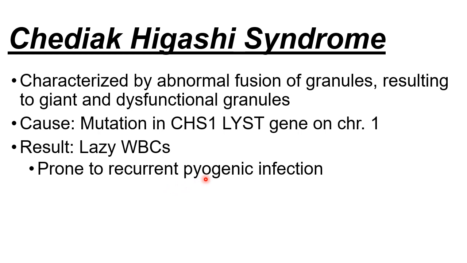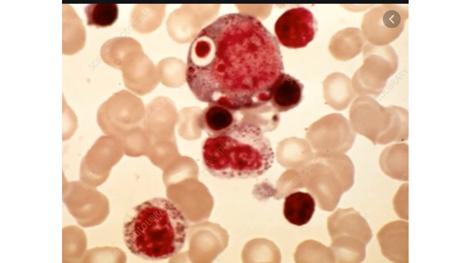Paulit-ulit na bacterial infection. So, under microscope, ito yung mga fusion of the granules. So, ito yung nagpapabigat din sa WBC. Hirap silang gumalaw. So, tinatawag natin mga lazy WBCs.